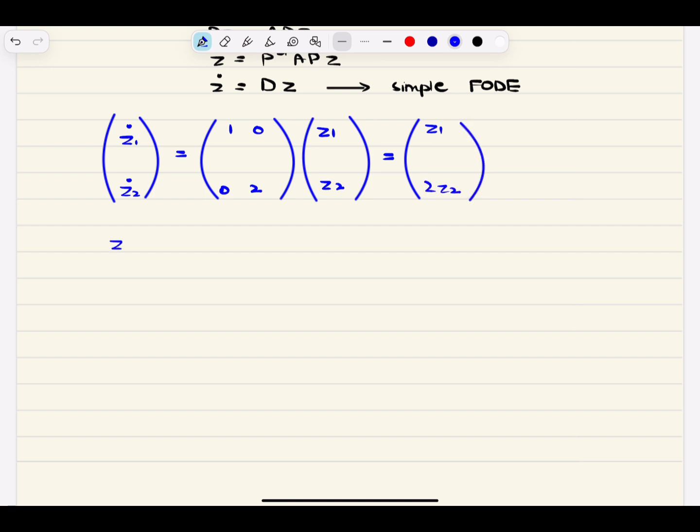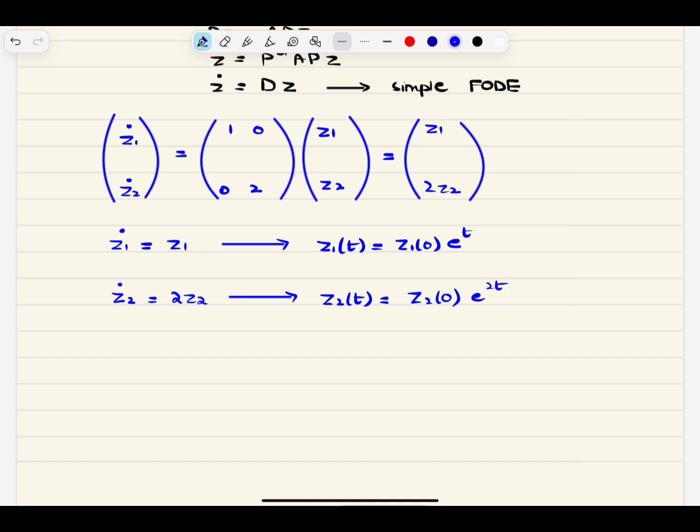Therefore, we have a simple system, and the solution is z1 of t equals the initial value of z1 times e to the t, and z2 dot is equal to 2z2, and the solution for this is the initial value of z2 times e to the 2t.